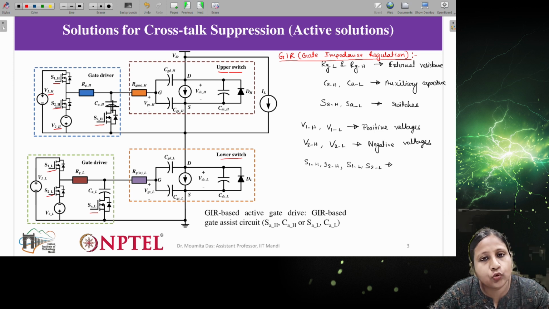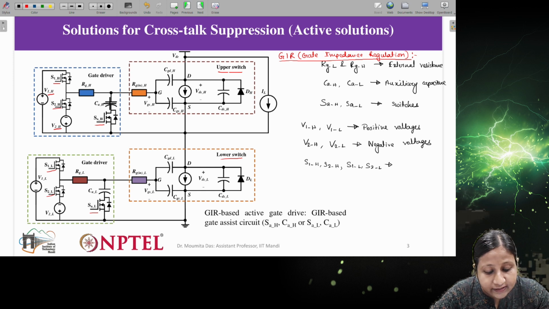Means if we connect only a capacitance, then whatever capacitance comes, let's say 1 microfarad, will add up with the gate capacitance, and that will increase the net capacitance at the input of the switch, and that may affect the turn on and turn off duration.